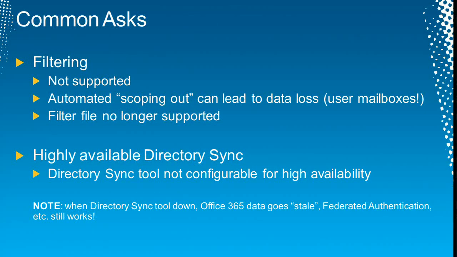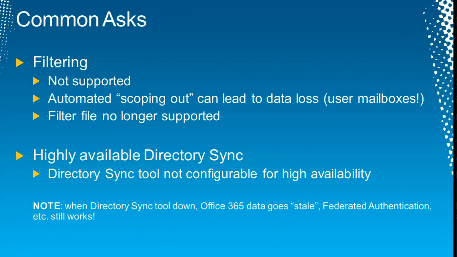A couple of things come up a lot when talking with customers, so I want to get these out there. Filtering. I mentioned earlier, we implicitly do some filtering so we don't bring up service accounts and whatnot. Customization of filters is not supported. Some folks may know how to do this using the underlying engine. We don't support it because of automatic scoping out.